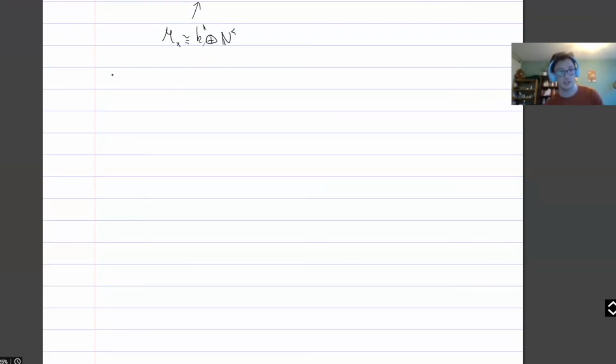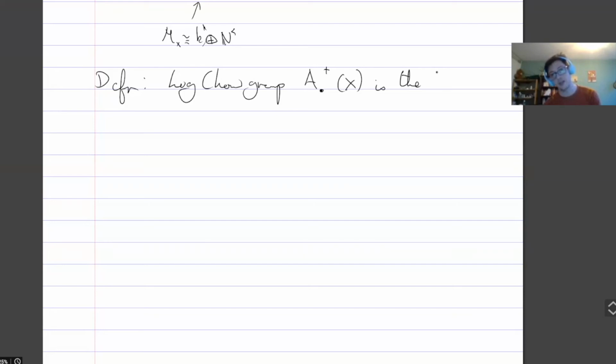Okay, so here's then the definition of the gadget, which is, I guess, called the log Chow groups. A lower dot, upper dagger of X. It's the direct limit, the colimit over all X tilde going down to X, X tilde locally free.